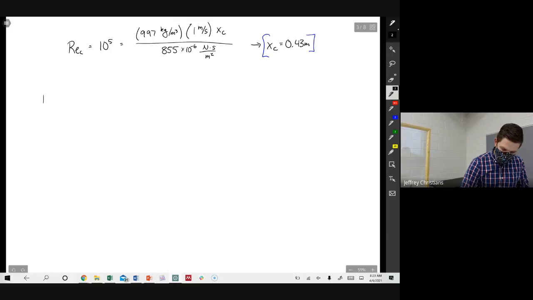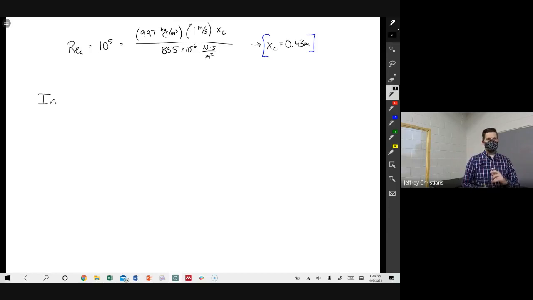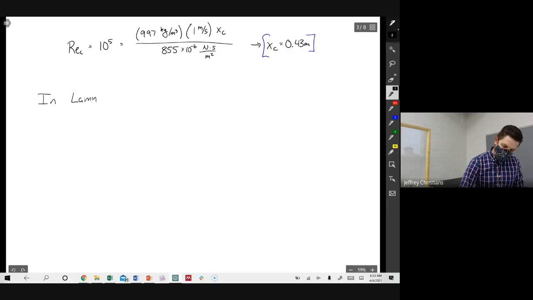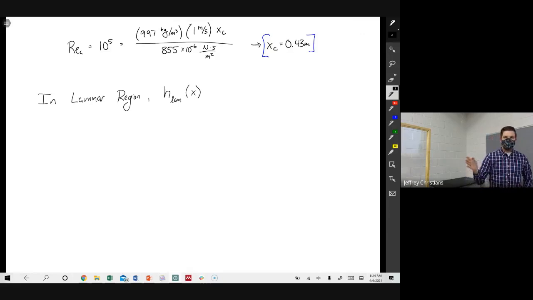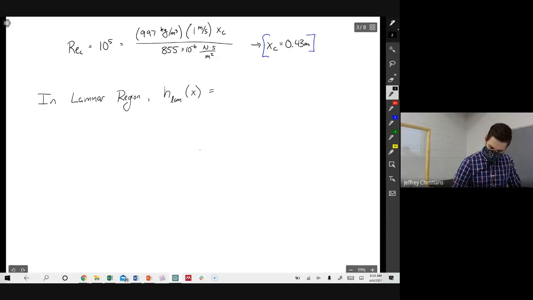In the laminar region, let's make up a model that we found from somewhere else. We'll see in a second where this comes from. In the laminar region, h as a function of position is equal to a constant, we'll call it C_lam, times x to the minus 0.5.